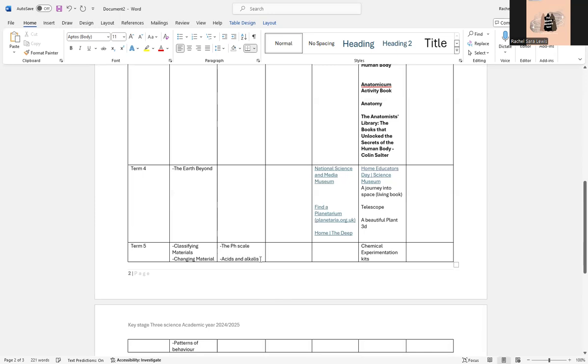But looking at the idea of things like burning fossil fuels, she knows, and balancing chemical equations has been brought down from Key Stage 4 to Key Stage 3. But they usually use them as word balancing rather than the actual balancing from the periodic table, which is fine by me, but I will just teach both together.